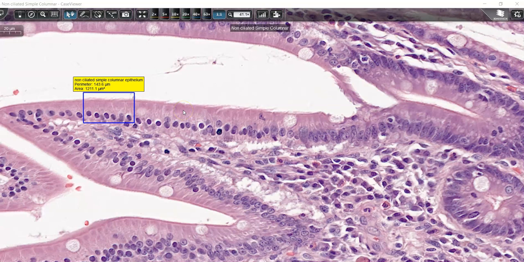Both gallbladder and duodenum comprise non-ciliated simple columnar epithelium at their epithelial fold.